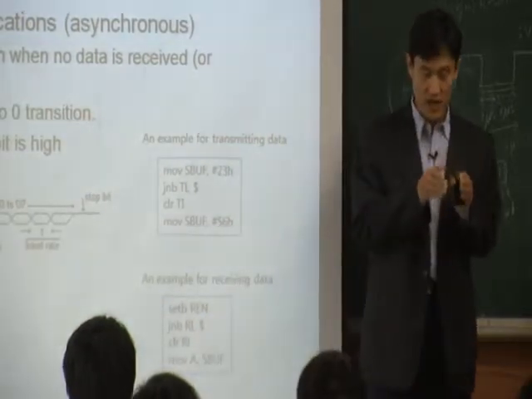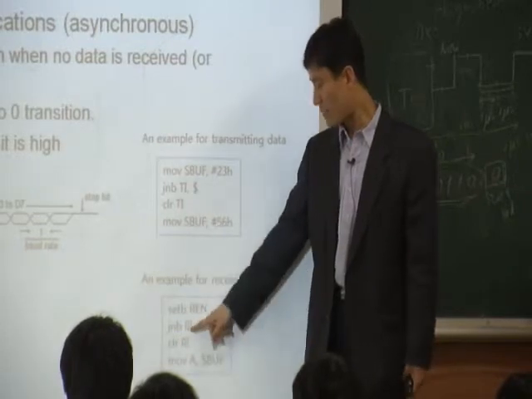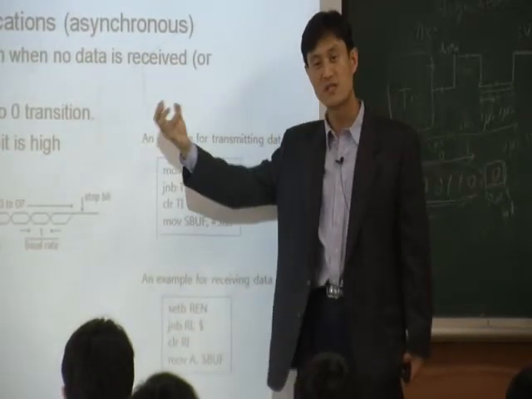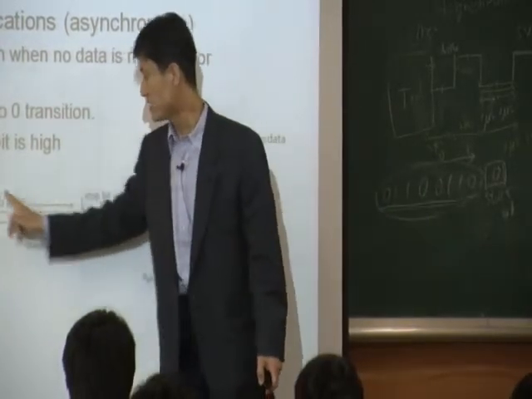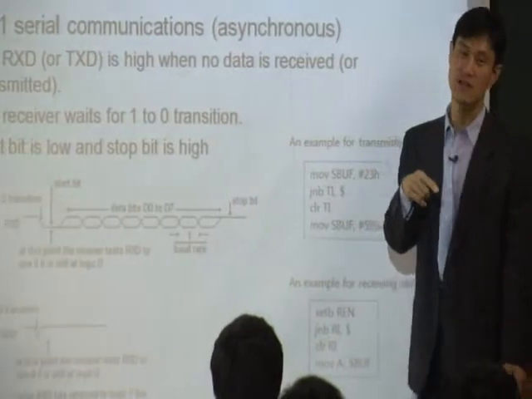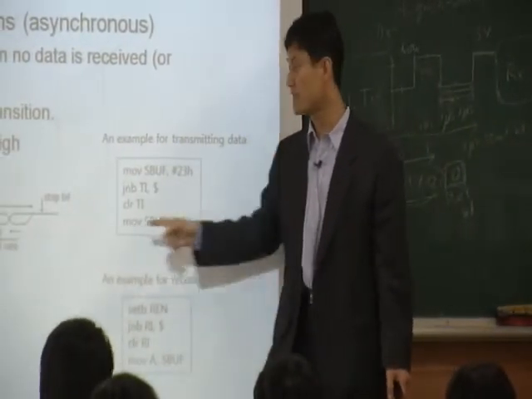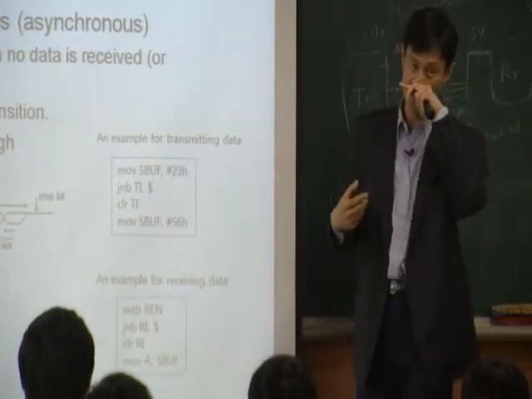As soon as RI becomes 1, that means the hardware received this one, and these 8 bits are now ready in the SBUF. When RI becomes 1, that means this is already in the SBUF, you are ready to read.